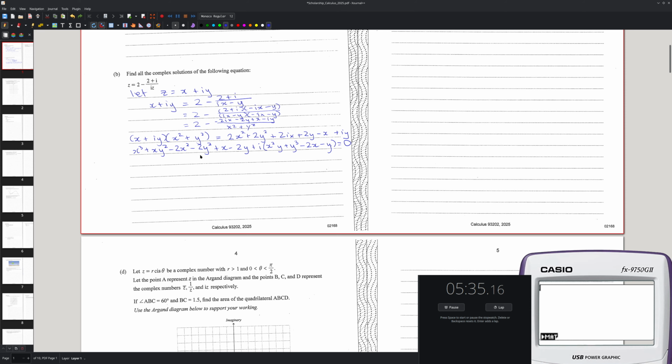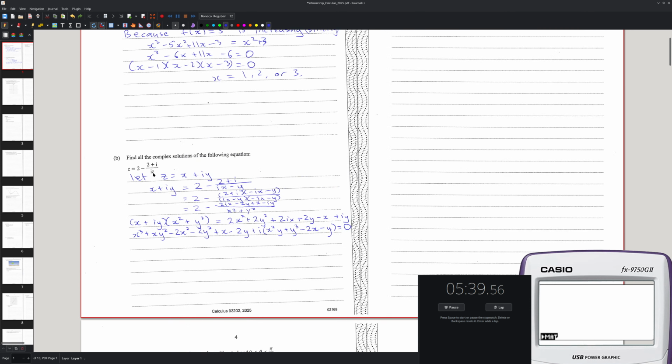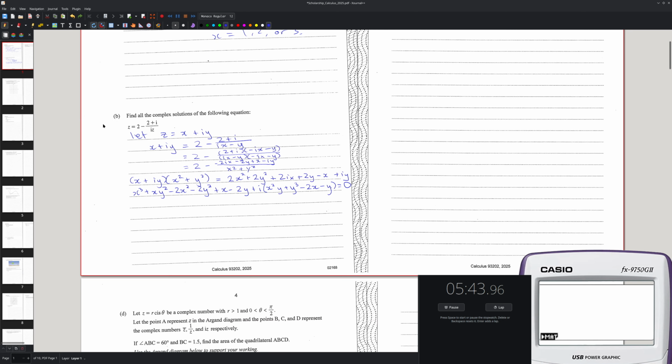Okay, this is not looking good. And then we need to solve this simultaneously in x and y. We might be cooked.